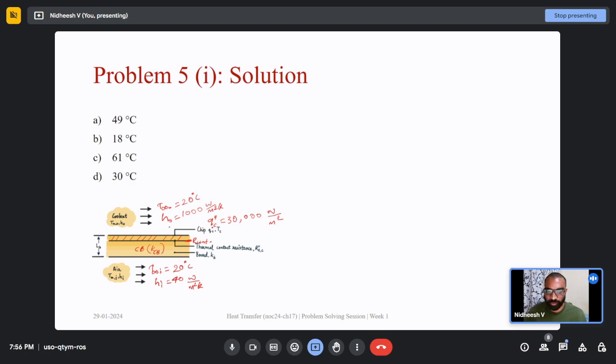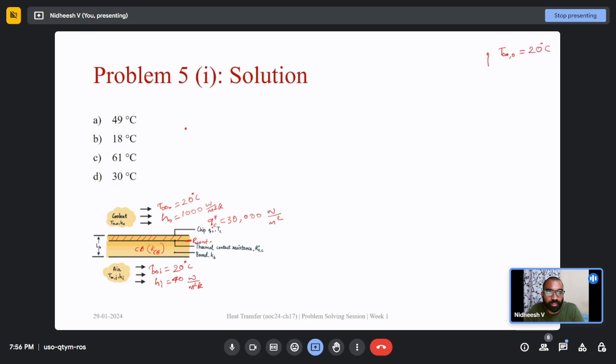Is that clear, Asher? Yes, sir. Okay, the easiest way to solve this problem is drawing an equivalent thermal resistance circuit. I will start from the coolant side. Say this is T infinity 0, equal to 20 degrees Celsius.